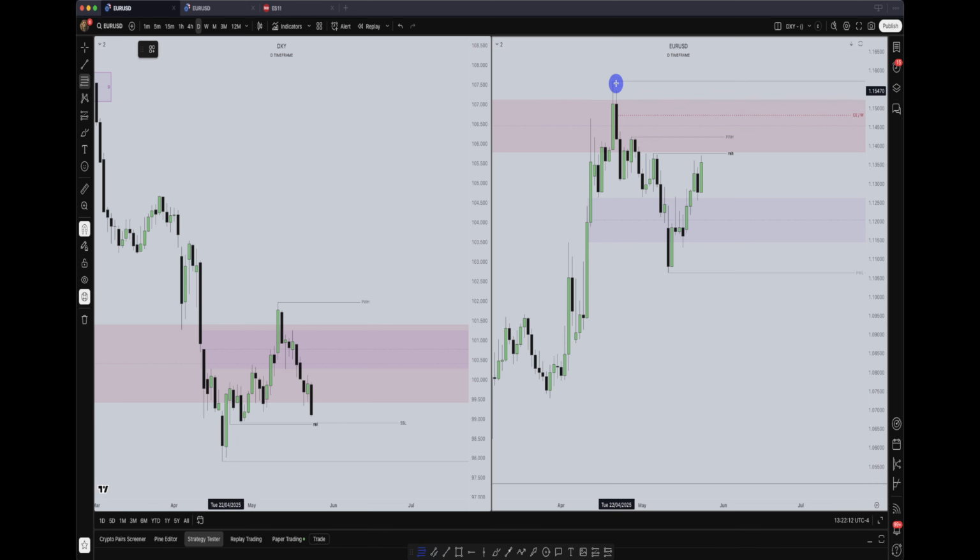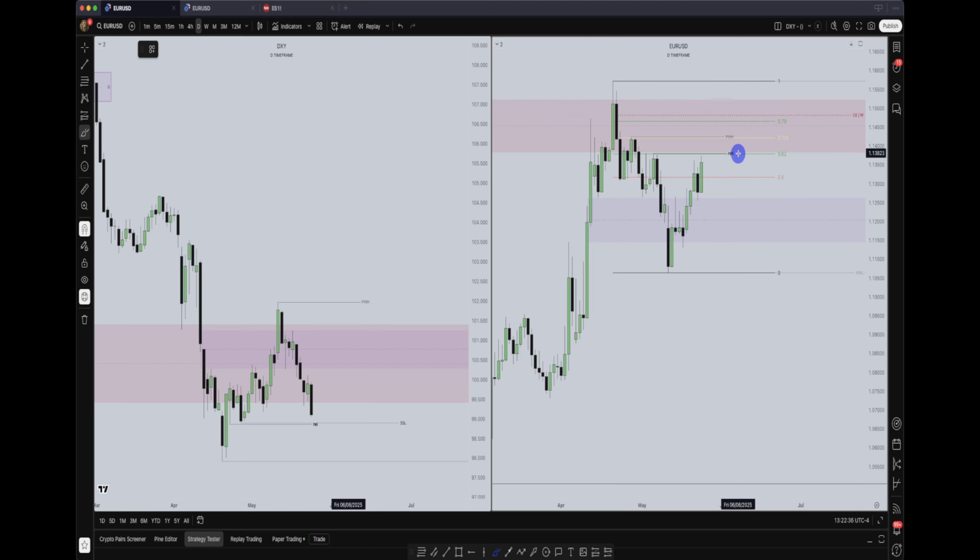The same here. You see? Range, displacement, retracement, premium, optimal trade entry area, search for a short. That's my bias for now, right?